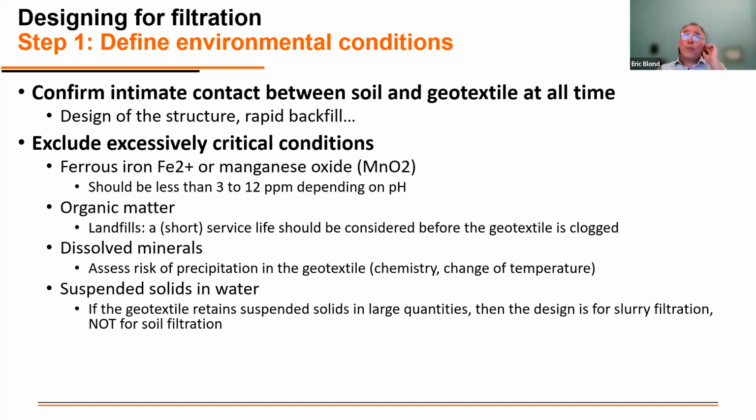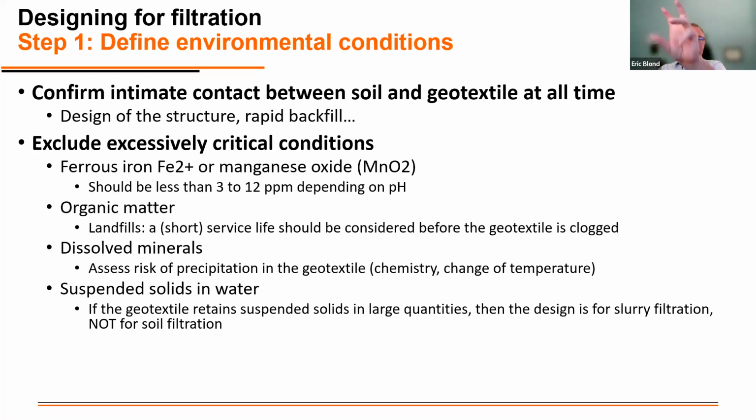Dissolved mineral, if there is a risk of precipitation on the geotextile of dissolved mineral because of a change of temperature, change of pH or whatever, this also can be a no-go for geotextile. So far, there is no solution for that. Suspended solids in water, same thing. Suspended particles arriving on the geotextile fabric will adhere on the fiber and will clog it.